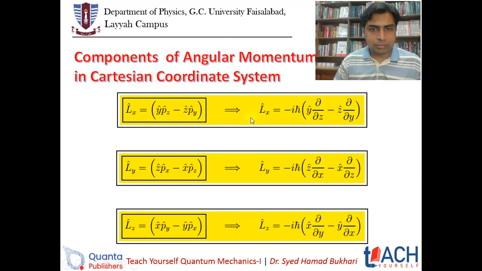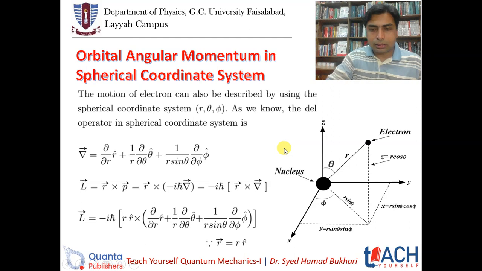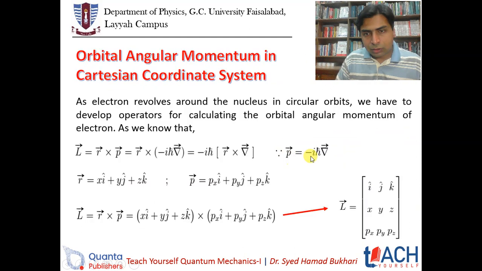और आप यहाँ से pz की वैल्यू को भी अगर आप पुट करें तो आपके पास x कंपोनेंट इसके इक्वल आएगा, जैसे कि मैंने अभी देखा था इन प्रीवियस स्लाइड that P is equal to minus iota h cut del. So del is basically partial x plus partial y plus partial z.